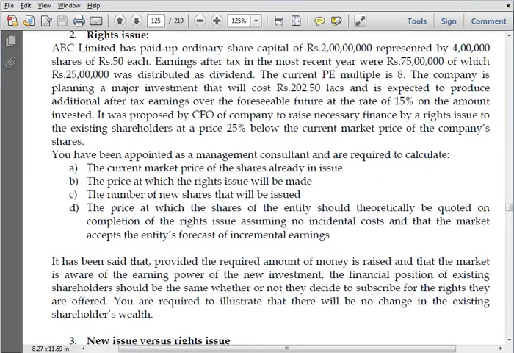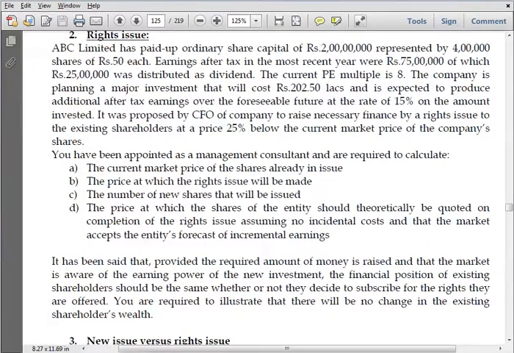The company plans to do a project worth 202.5 lakhs. Full stop.